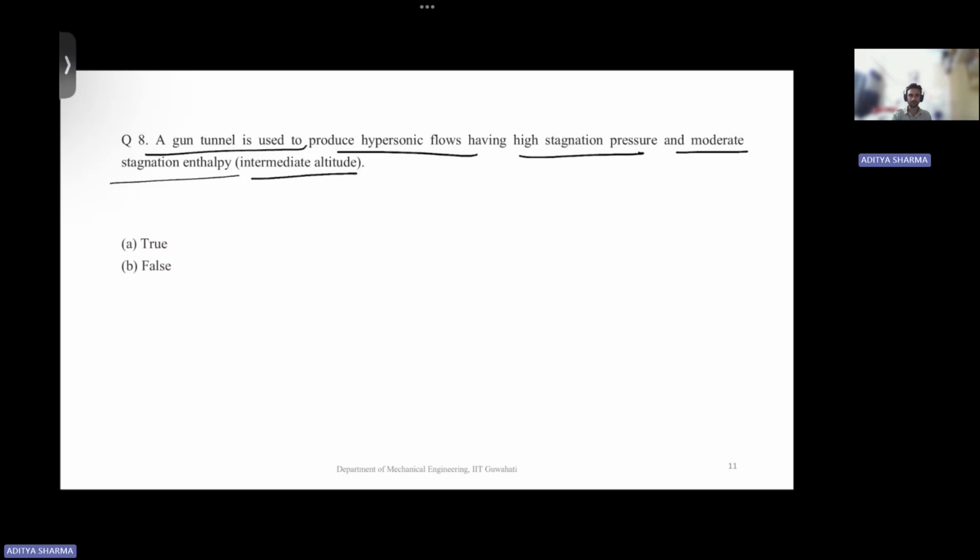Question number 8, related to gun tunnels. Whether this is correct or not.